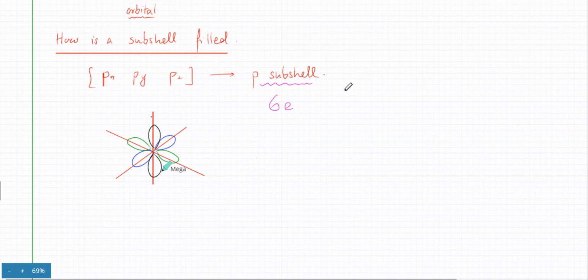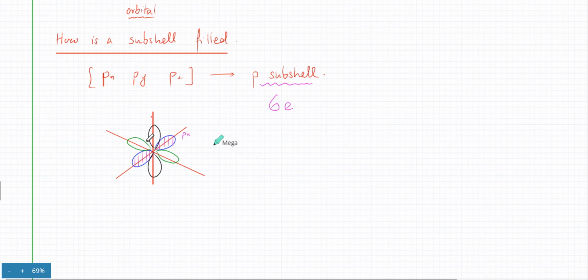A subshell is always filled in a single manner first. What that means is that if you fill 1 electron in the px orbital, then the next electron would not actually go into the px, because there's going to be repulsion. There's already an electron there, whereas the other orbitals are completely empty.